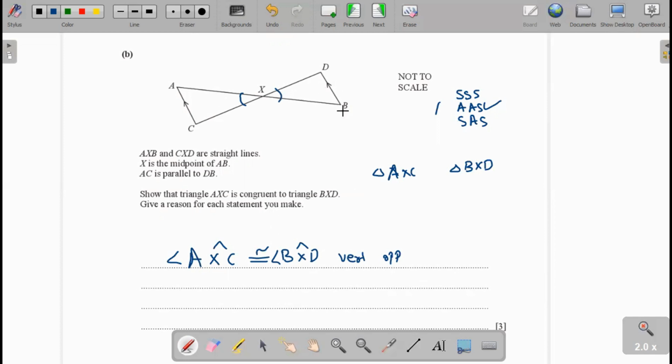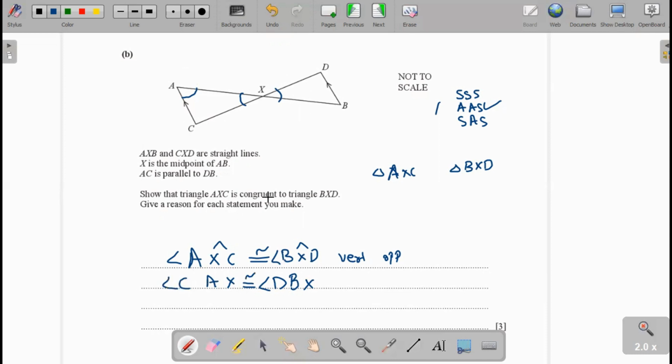Next we see that these two lines are parallel, and AB is the transversal line. Angle CAX and angle DBX are equal.